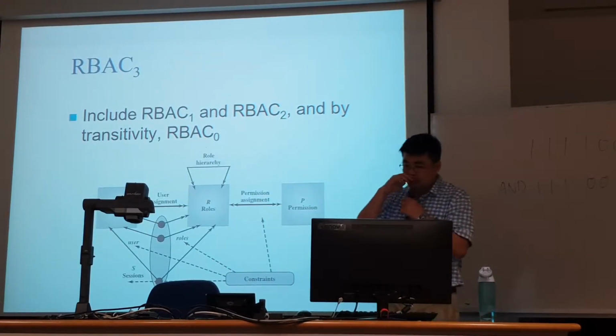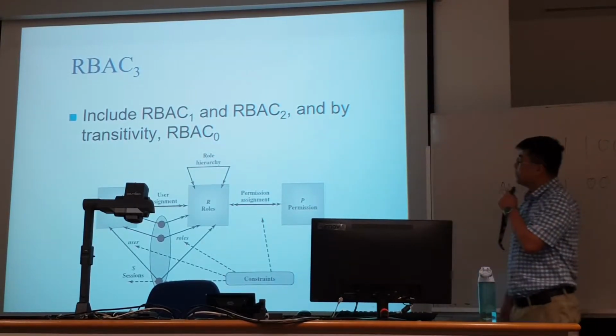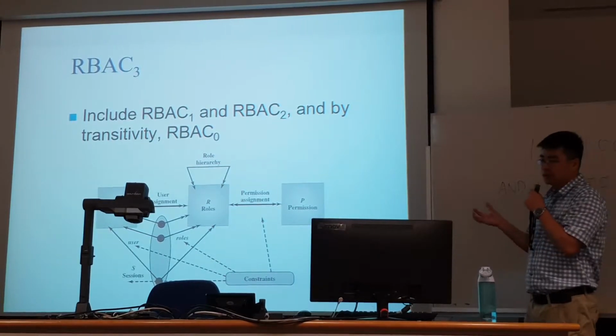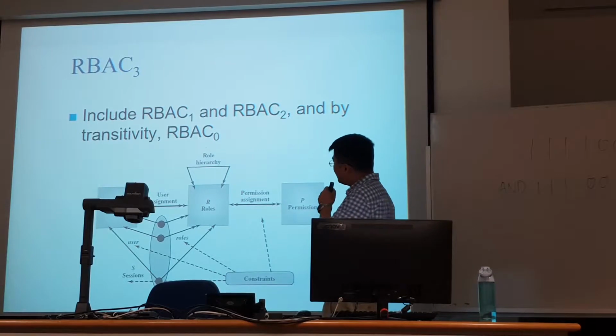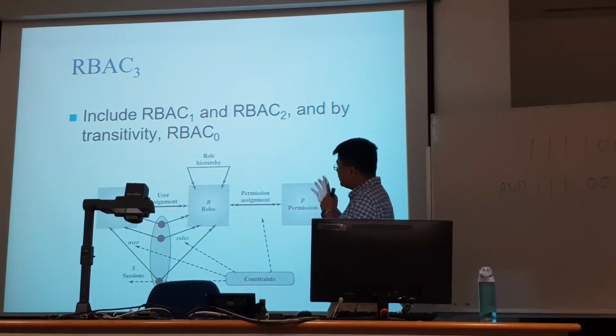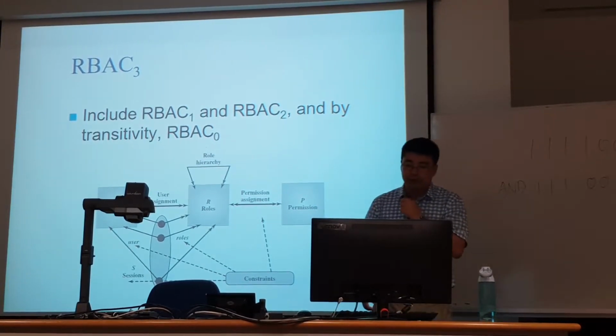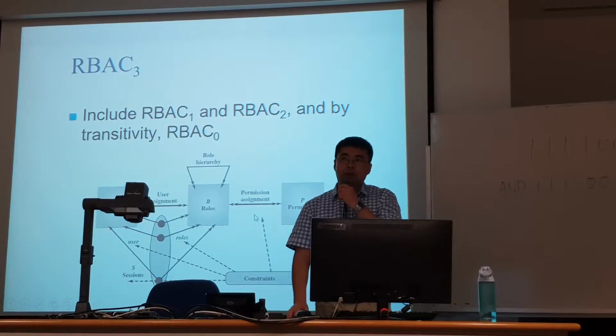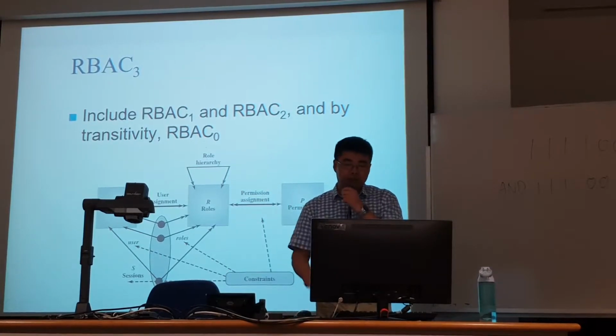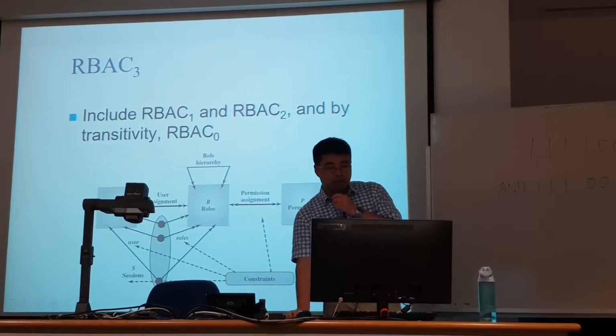This picture illustrates the consolidated model, which includes the basic one, the inheritance, this role hierarchy, and also the constraints. Right. This picture is somewhat similar to the UML diagrams you probably studied in other subjects, right? So we can have many-to-many or one-to-many relations.